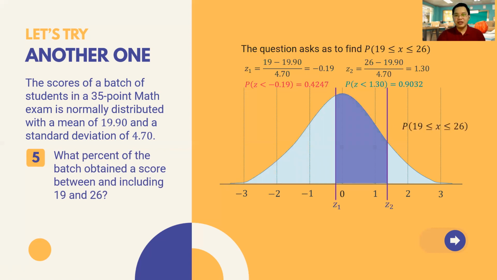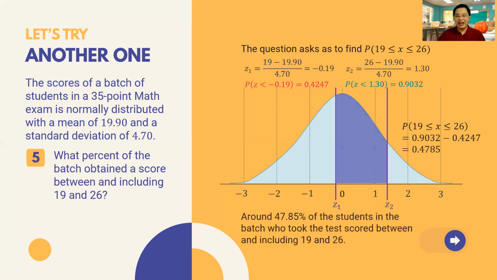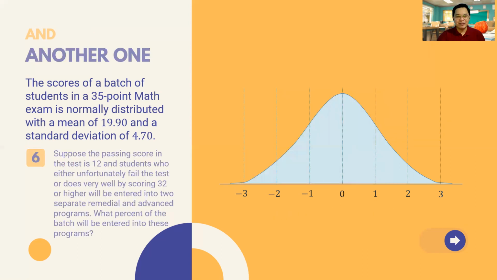To find the probability that x is between and including 19 and 26, subtract 0.4247 from 0.9032, and the final answer is 0.4785. So what we're saying now is around 47.85% of the students in the batch who took the test scored between and including 19 and 26.